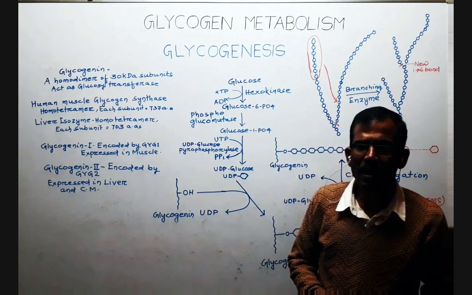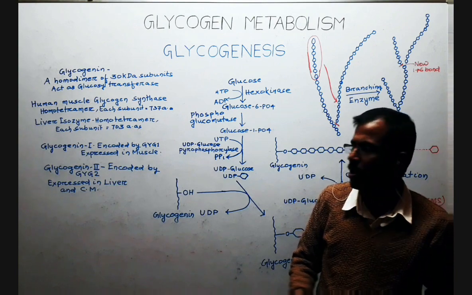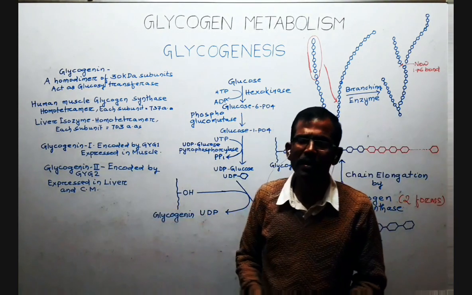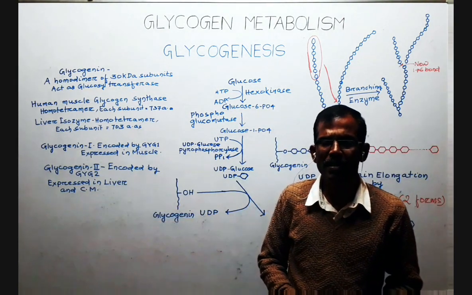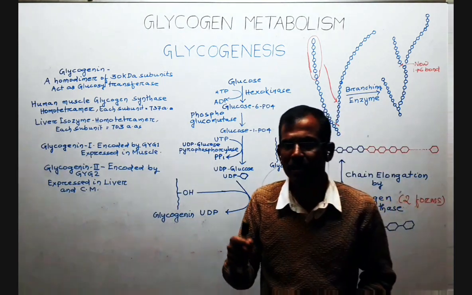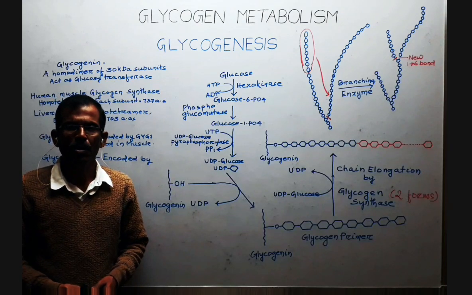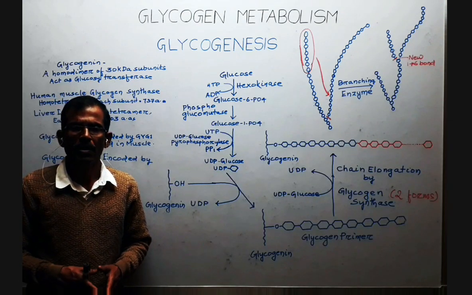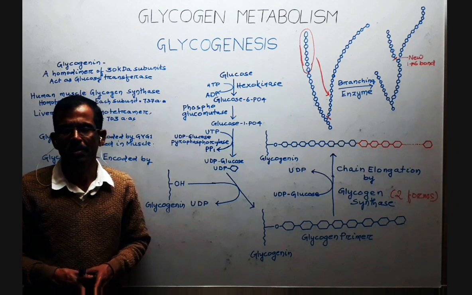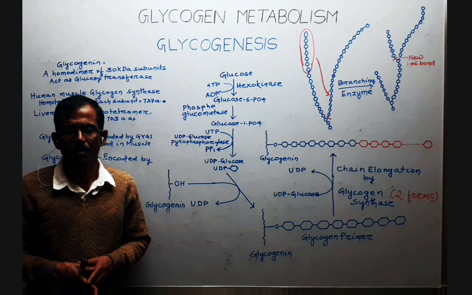The second isoform is glycogenin 2, which is encoded by GYG2 and is expressed in liver and cardiac muscle, but not in skeletal muscle. Glycogenin acts as a primer by polymerizing the first few glucose molecules. After that only, other enzymes take over.